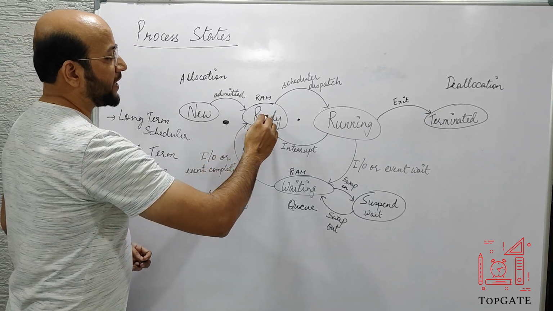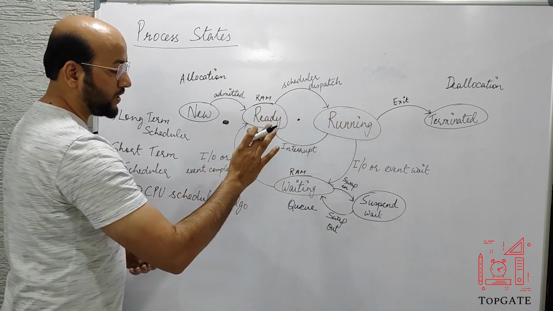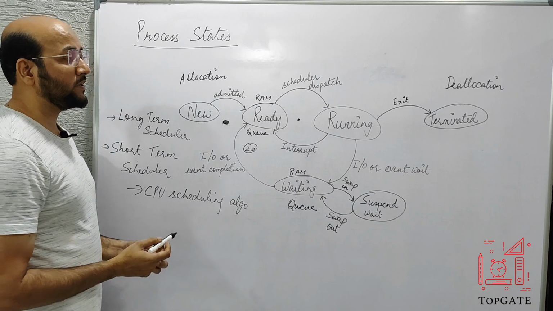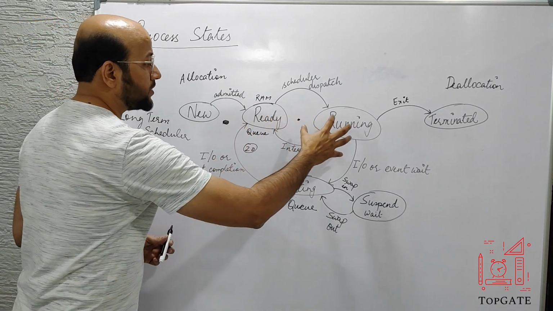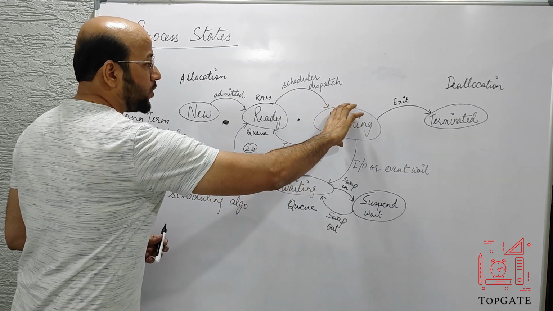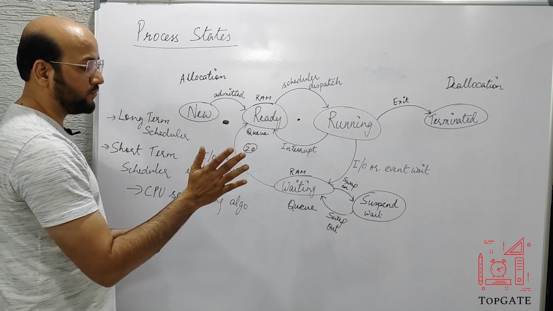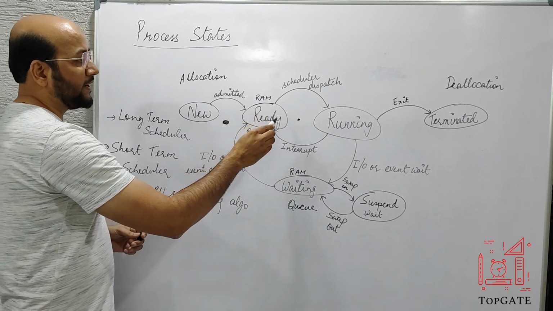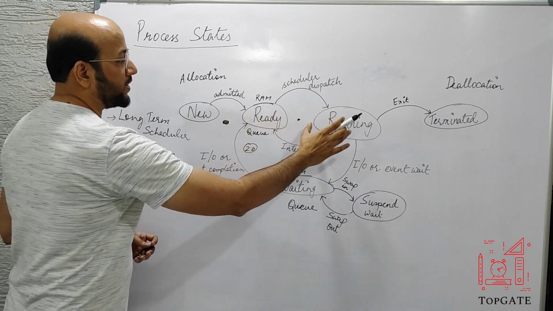Now, meanwhile, the second process was picked by the short-term scheduler and sent again to the running state. That process also informed the operating system that it needs some input output. So the operating system again will shift that process from the running state to the waiting state, and it is waiting in the waiting queue. The third process was again picked by the short-term scheduler and sent to the running state.